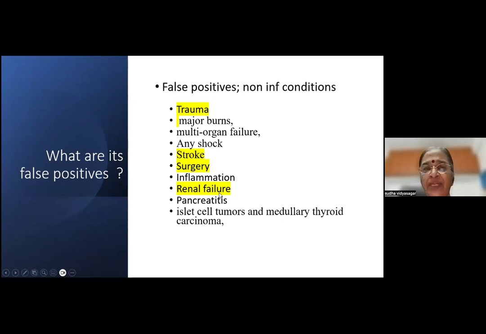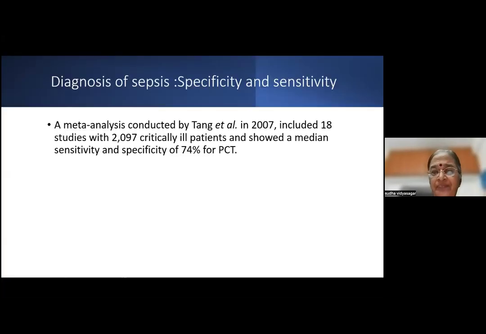In the problem that I gave you, I had put a trauma and I had put a renal failure also. Remember that in renal failure, procalcitonin can be high without the presence of sepsis. So renal failure because of any condition, procalcitonin can be high. Many of these conditions like post-surgery, pancreatitis, these are all the conditions where there are false positives for the procal. So you have to interpret it in context.